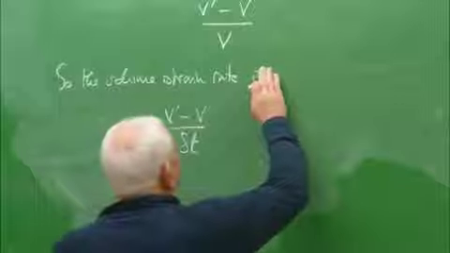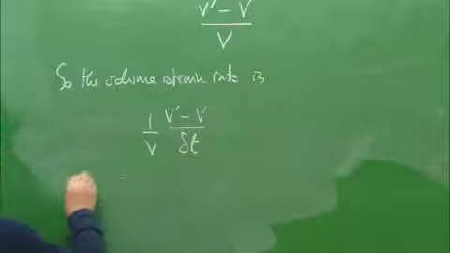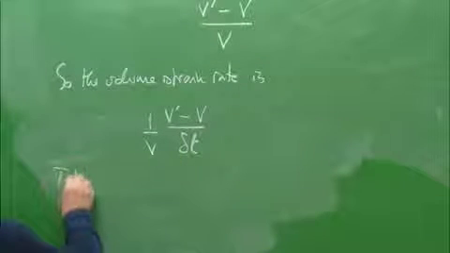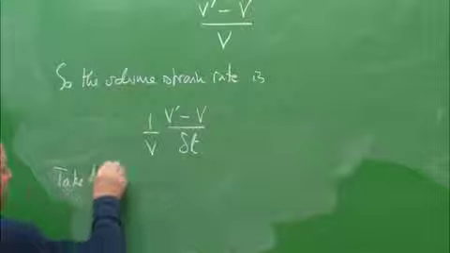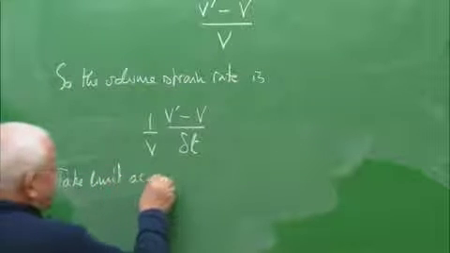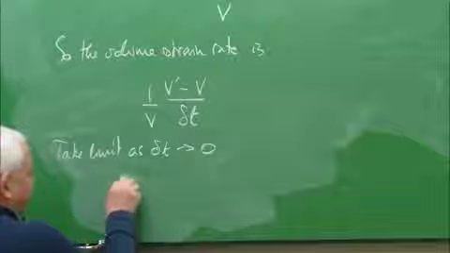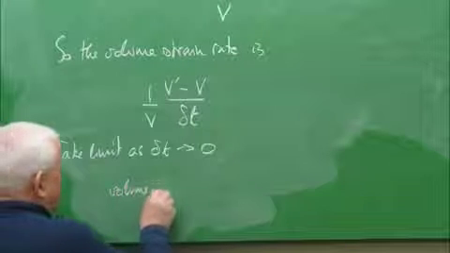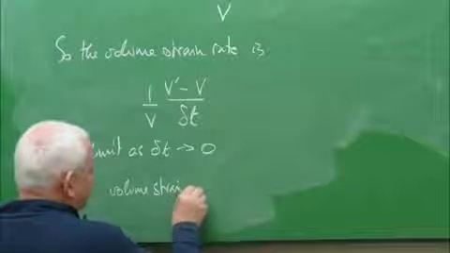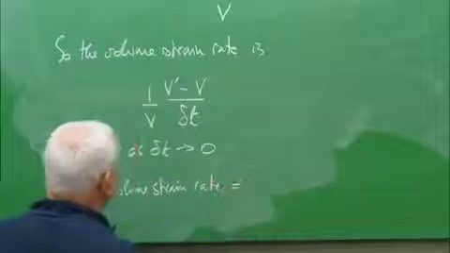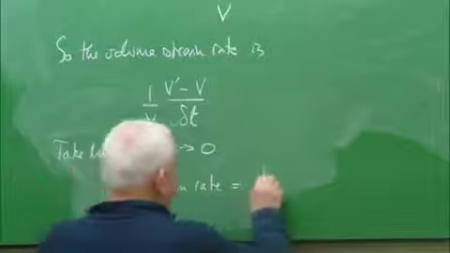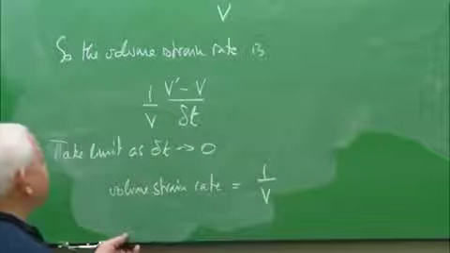The volume strain rate is, and what I now do is take the limit as delta t goes to 0, and my volume strain rate becomes, the initial volume is a constant.